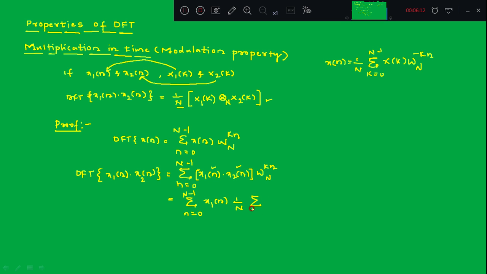So instead of k, I will use another notation for summation: L is equal to 0 to n minus 1. So here it becomes X2 of k, because the DFT sequence of x2 of n is X2 of k, and here it is W_N to the power minus k n. In place of n I have to take L, right?